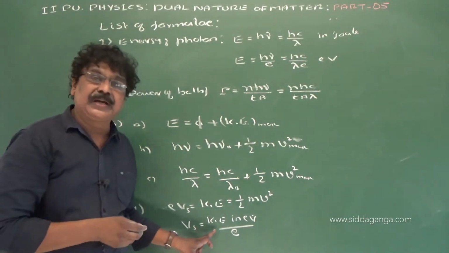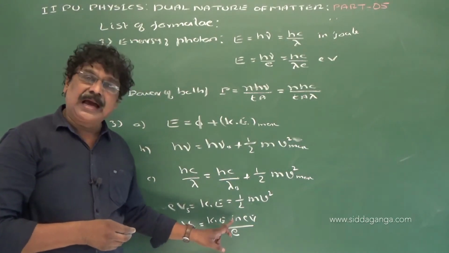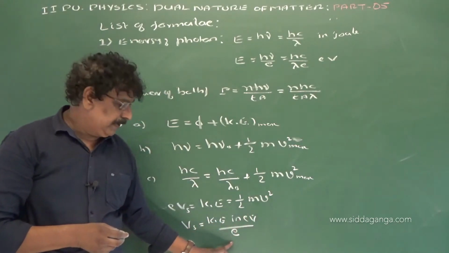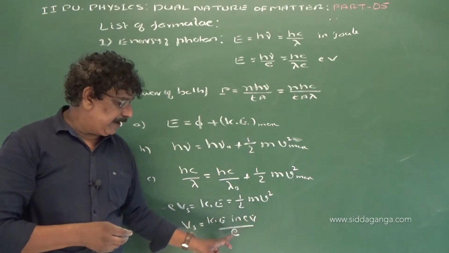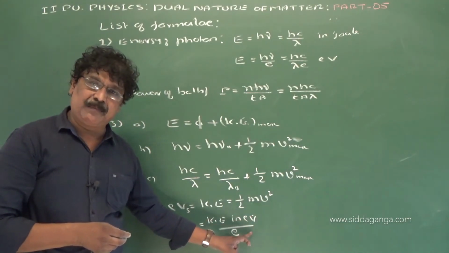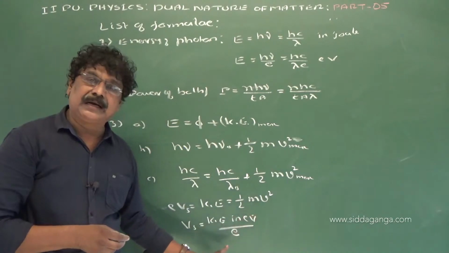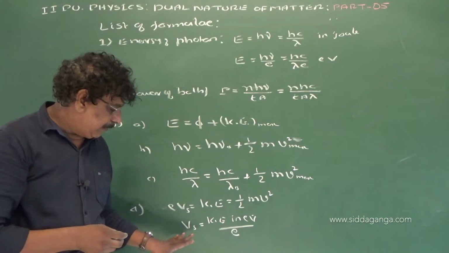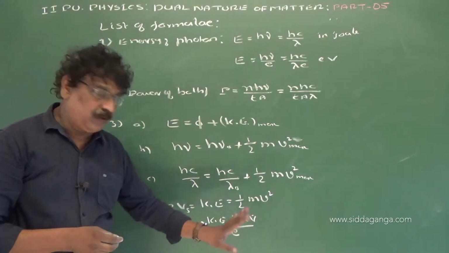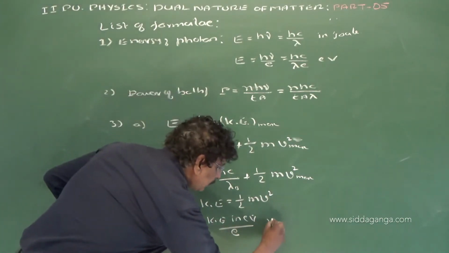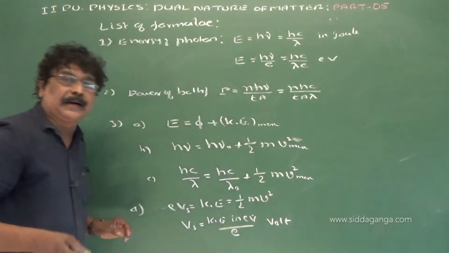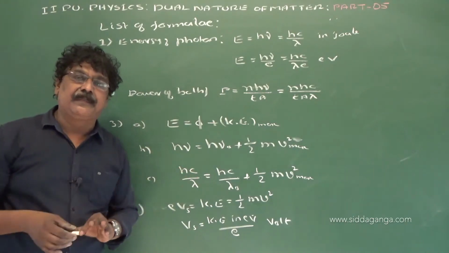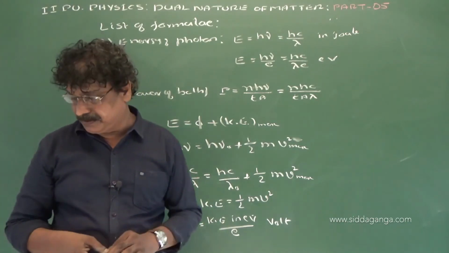When we divide by 1.6 into 10 power minus 19, the eV gets cancelled, and then we will get the value of potential in volt. So these are all the formulae which we are going to use in solving numerical problems.